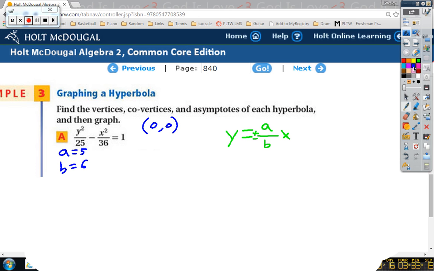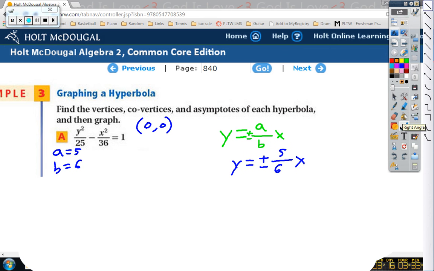So that means I have y equals plus or minus 5 over 6 times x. So go ahead and draw my lines.